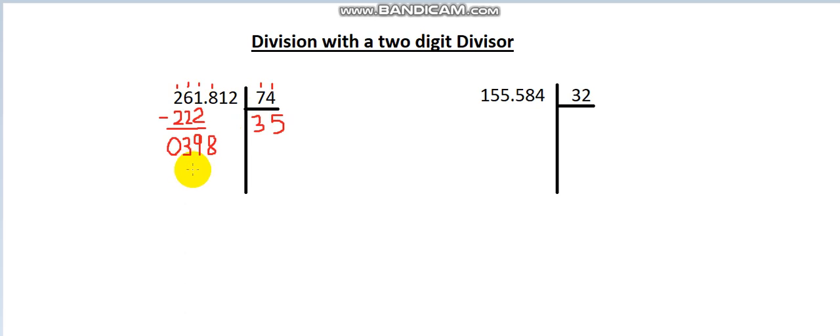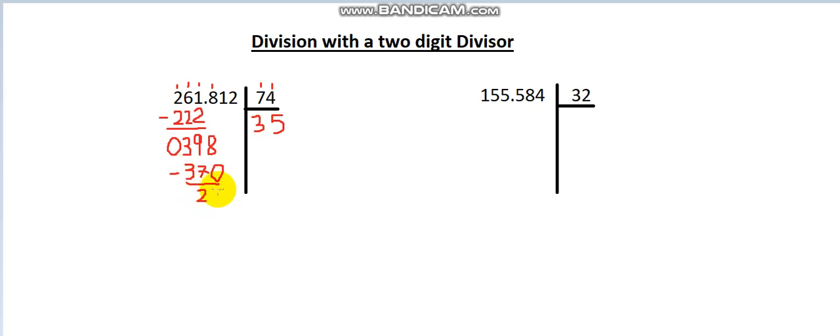There's a lot of guesswork involved in division with two-digit divisors. So here I would get a result of 370 if I did the multiplication of 5 times 74. And if I do the subtraction, I'm going to get 28.